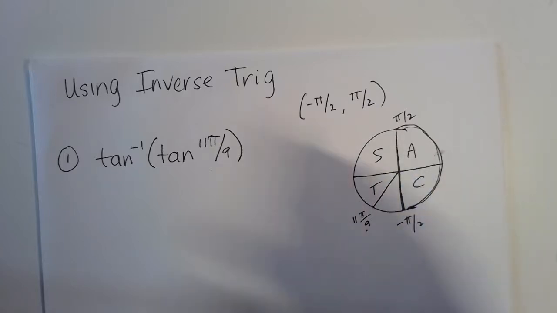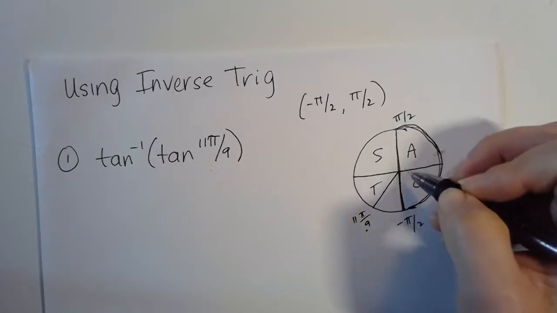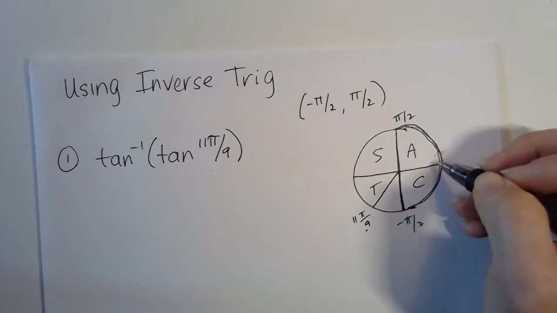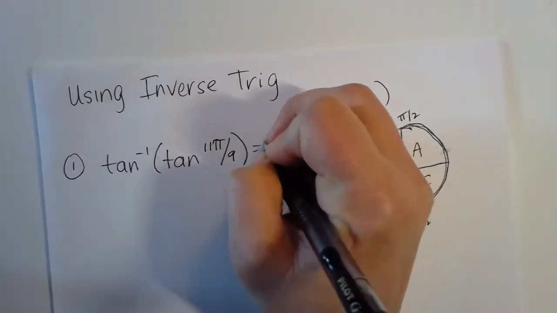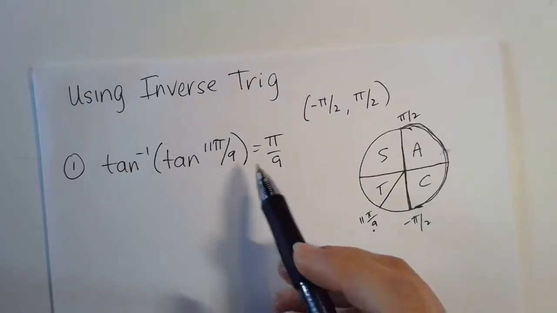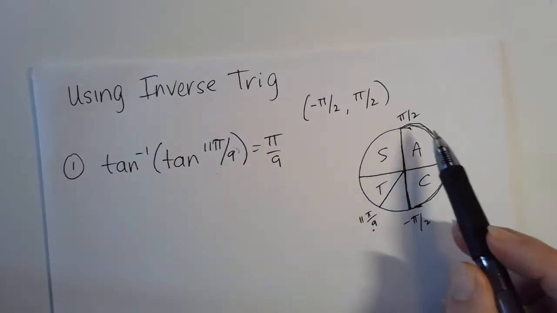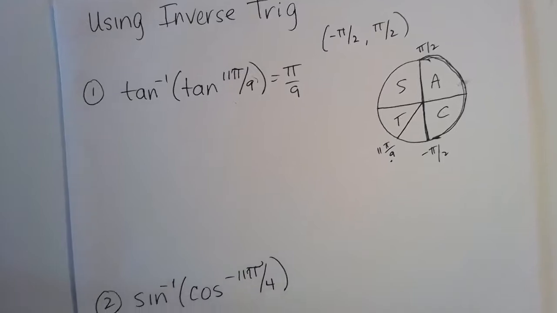So I know that my value is going to come from up here. And the one that would match 11 pi over 9 would be just plain pi over 9. So this is equal to pi over 9. Basically, it's going to have the same denominator. We just want it to be in the first quadrant, and so that has to be pi over 9.